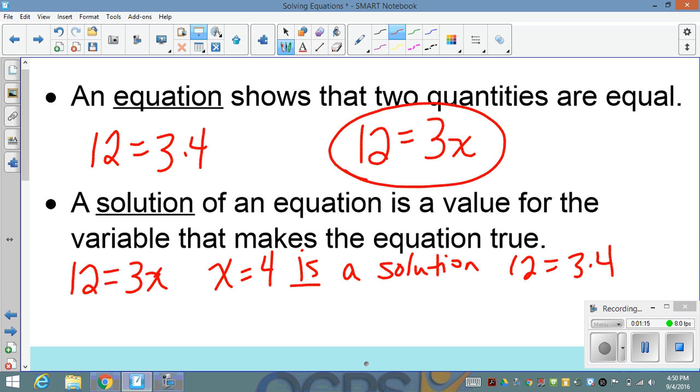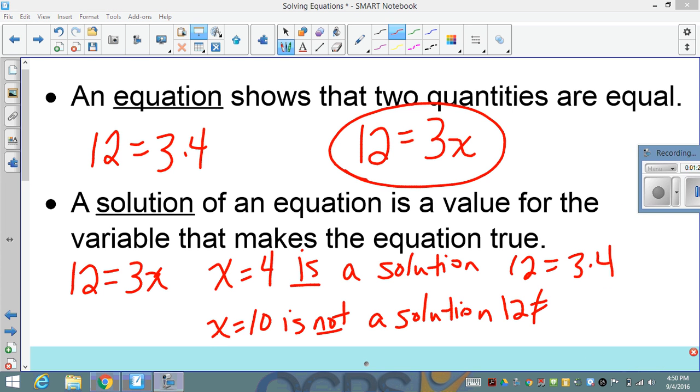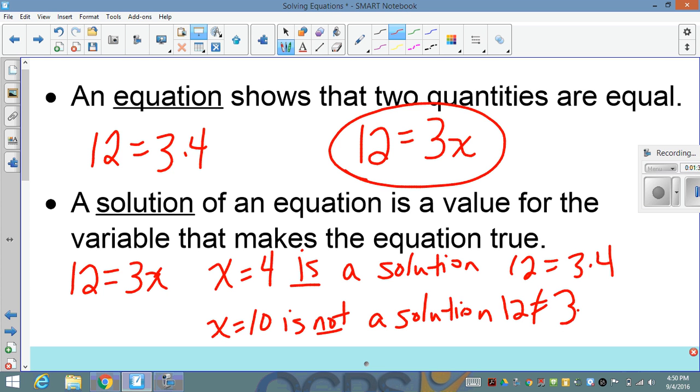That is a true statement. x equals 10 is not a solution because 12 does not equal 3 times 10. I'll use parentheses that time. So a solution just means that it makes it true.